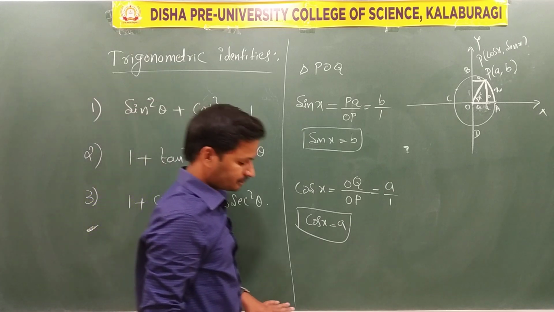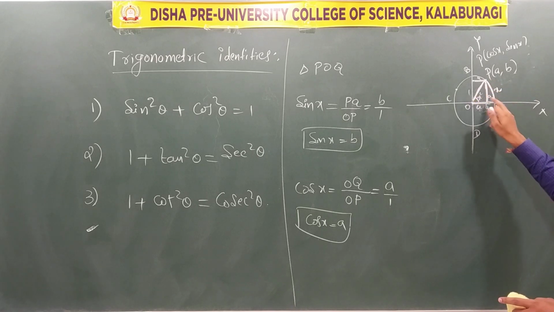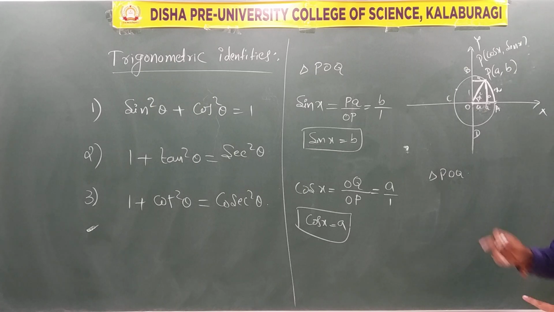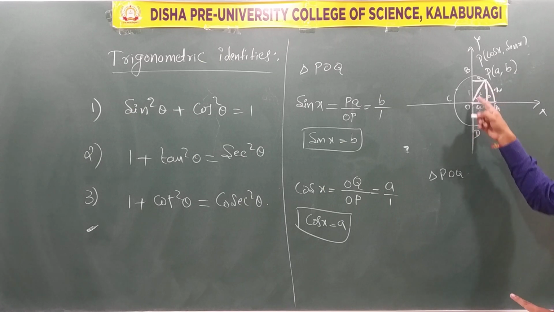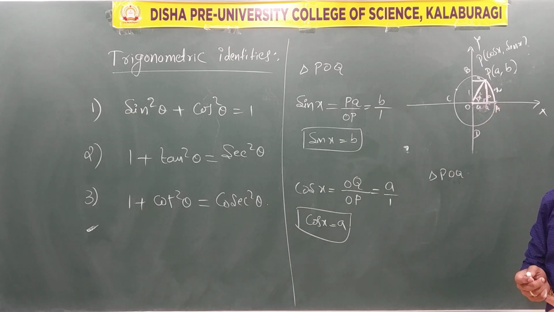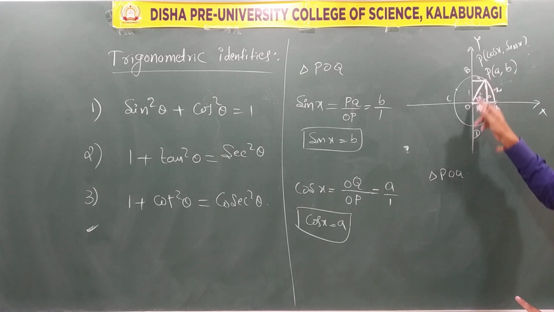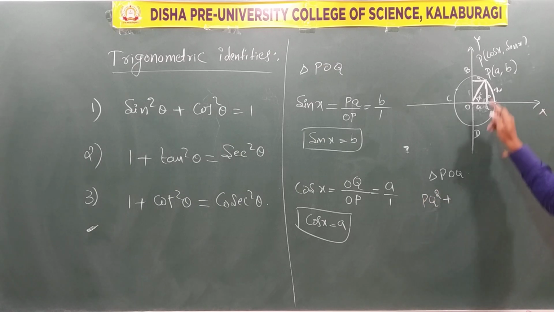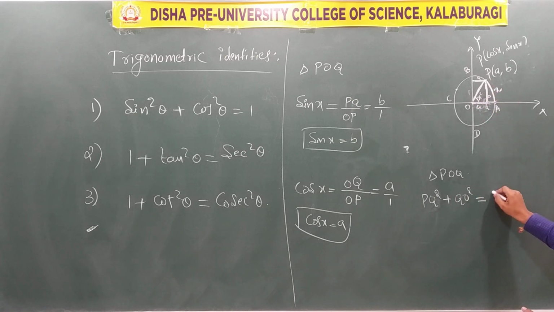Now triangle POQ is a right angle triangle. Is it right? See, angle PQO is 90 degrees. So from this right angle triangle we will use the Pythagoras theorem. According to the Pythagoras theorem, PQ square plus QO square is equal to OP square.